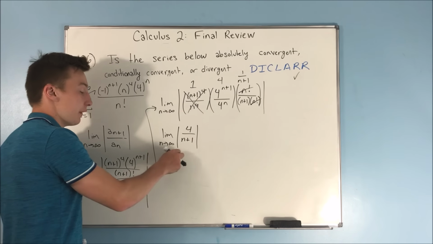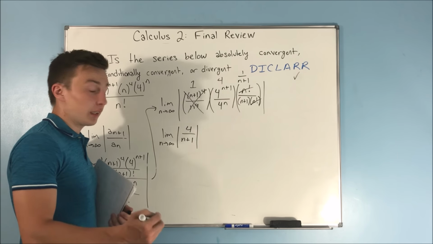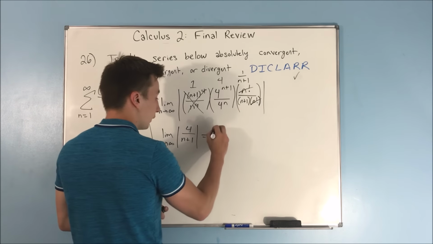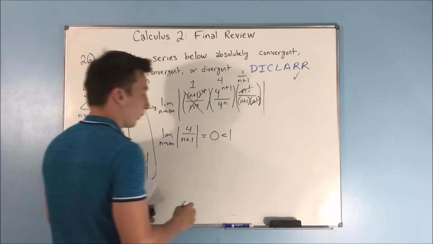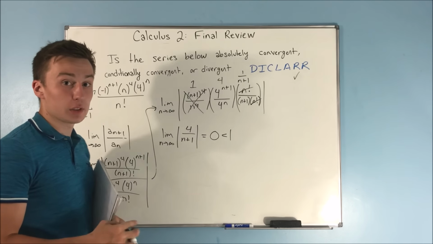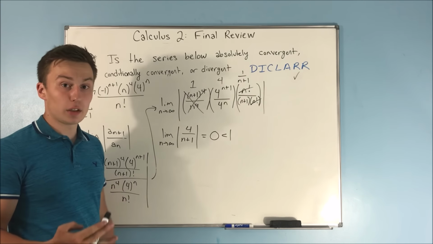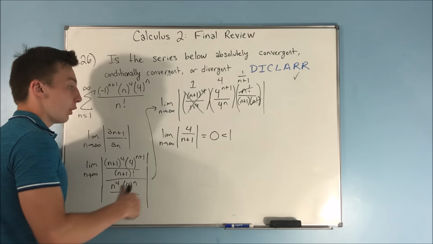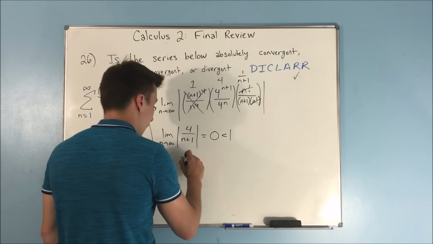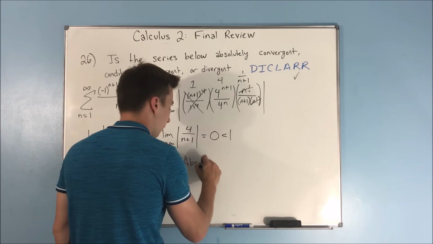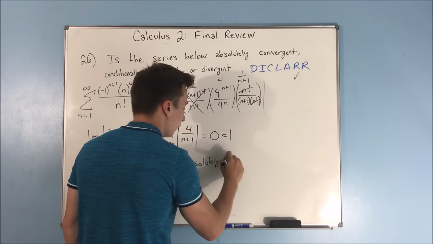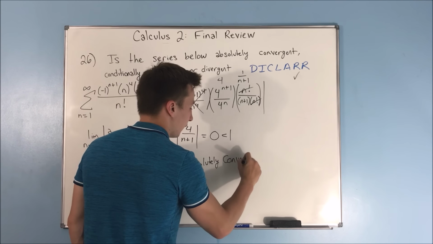Now, as n approaches infinity, your denominator will get infinitely large, and that means that this will go to 0. 0 is less than 1. Because remember, with the ratio test, we compare this to 1. If it's less than 1, it's absolutely convergent. If it's equal to 1, it's inconclusive. And if it's greater than 1, then it's going to be divergent. But here it's less than 1, so that's absolutely convergent by the ratio test.